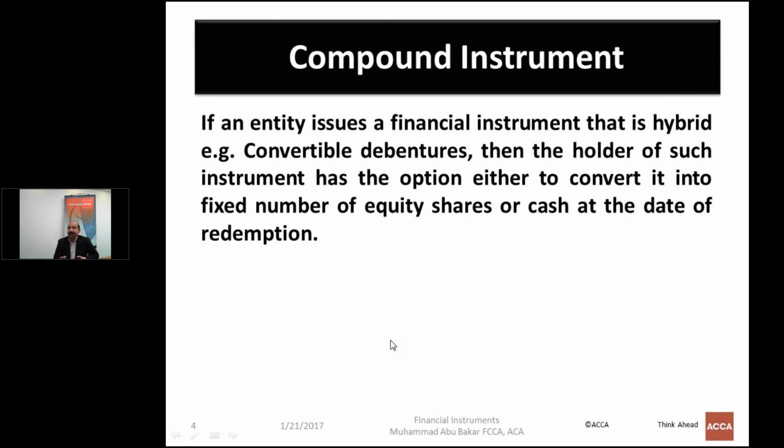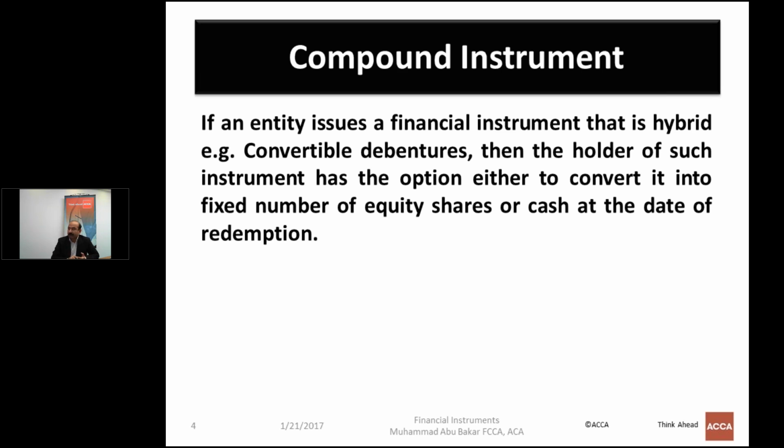See, if an entity issues a hybrid financial instrument, for example convertible debentures, then the holder of such instrument has the option either to convert it into a fixed number of equity shares or take cash at the date of redemption. IAS 32 requires that the hybrid instrument should be recorded by separating the debt and equity element. We learned yesterday these steps, step 1, step 2 for the calculation of the debt portion, and we learned that the equity portion is the balancing figure.